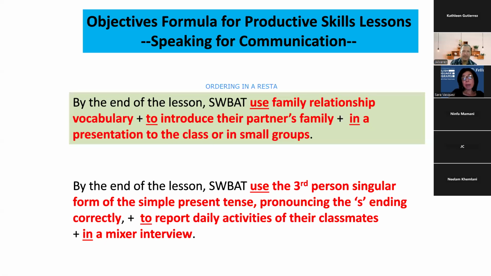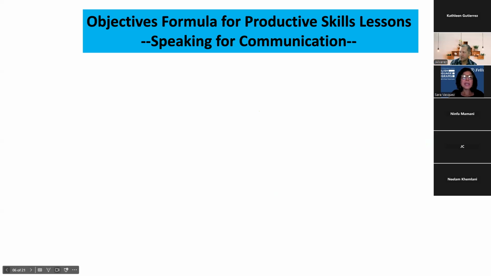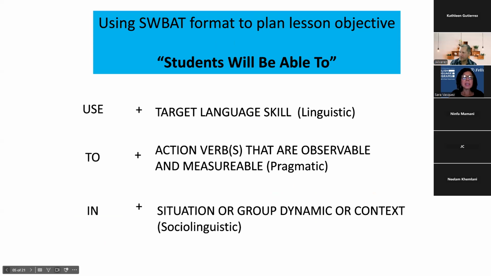Yeah, to start out, that would be the easiest way. You can do it for speaking, you can do it for reading, you can do it for writing, you can do it for any of the four skills. There's our format, exactly. Use, to, and in. Just to begin.